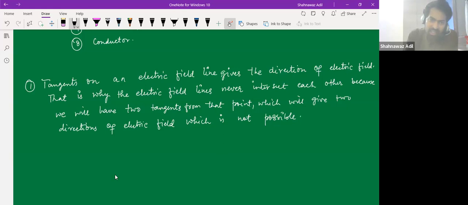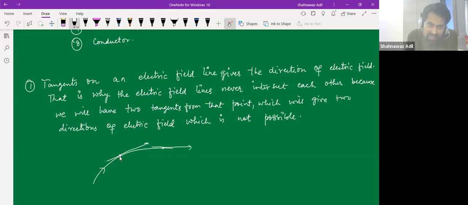So let's say this is the direction of the electric field line, and if I draw a tangent at this point, let's say the field line is going like this. So the tangent at this point would be this. Right.